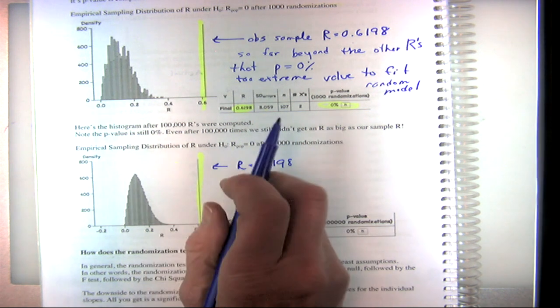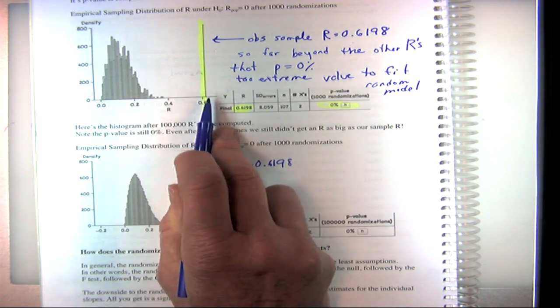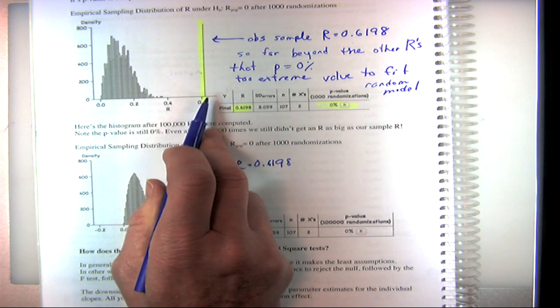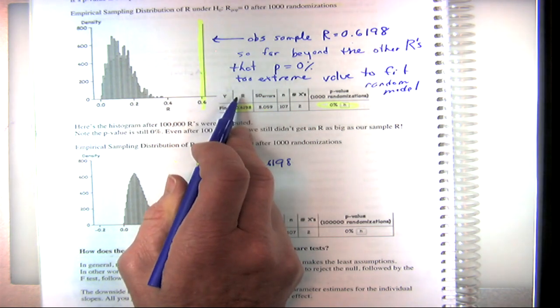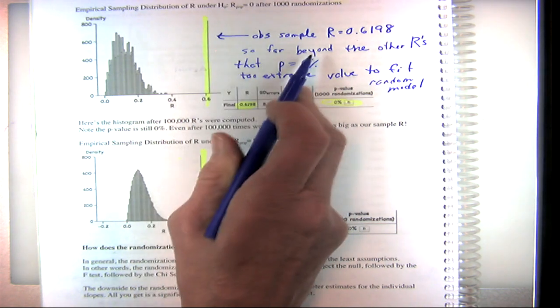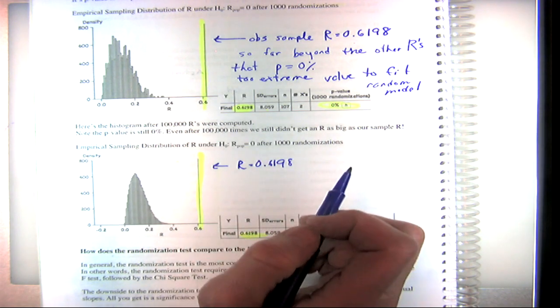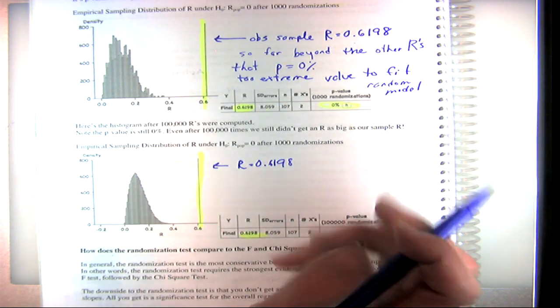Yeah, his question was, is the p-value the percentage of r's that either equal or went beyond the r observed? And yes, the answer is yes. That's what a p-value is.